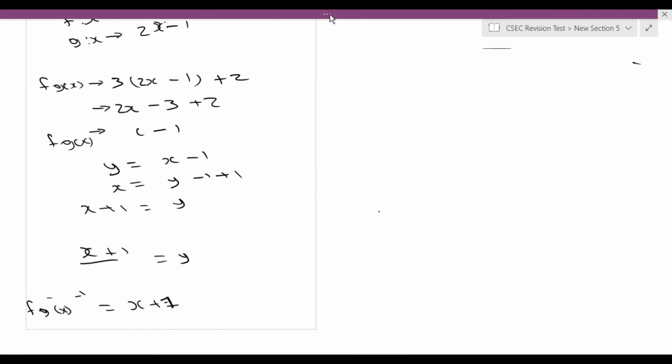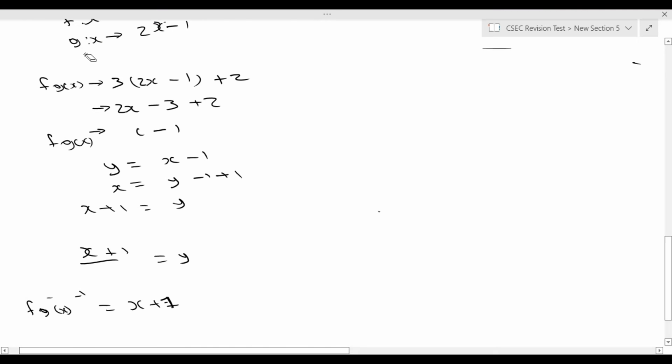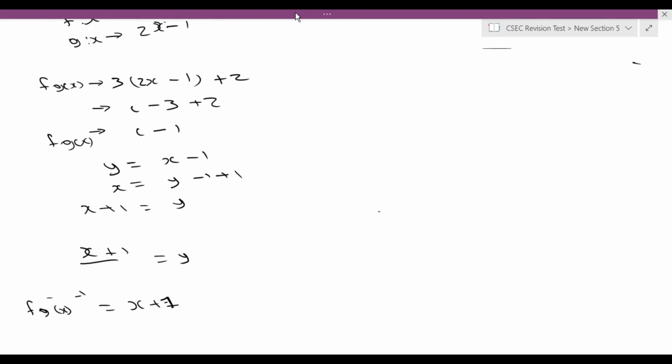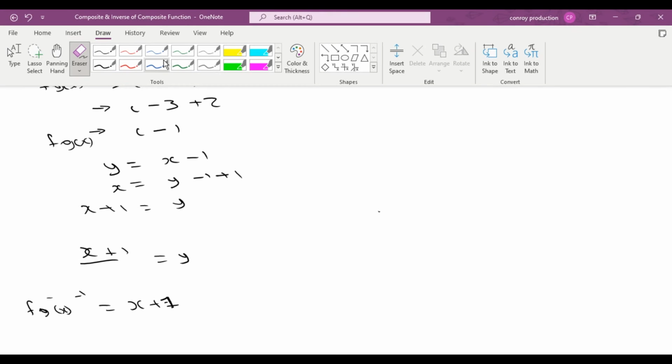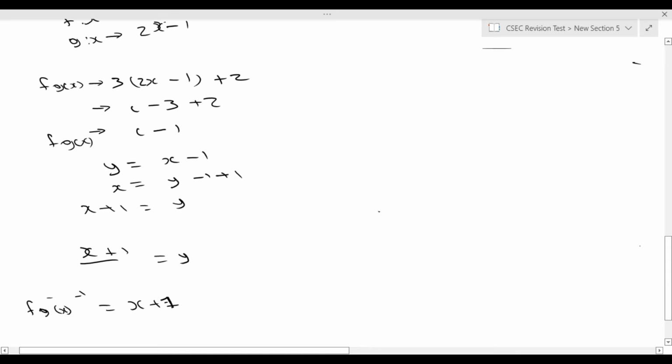Yeah, this side here I need to change as well. 3 times 2 would give us 6x minus 3, 6x minus 1.